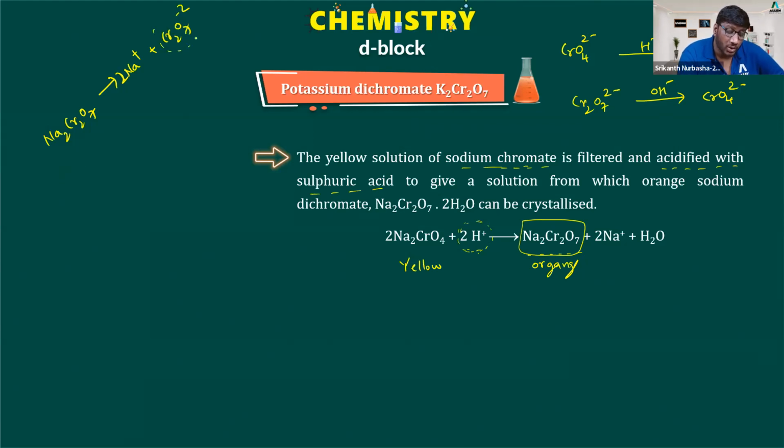The Cr2O7 minus 2 is responsible for the orange color. Whether you take Na2Cr2O7 or K2Cr2O7, you have Na plus and K plus ions surrounding the dichromate ions. These dichromate ions are orange in color.